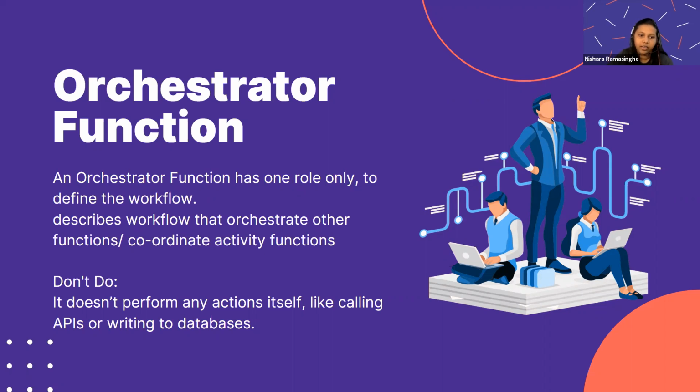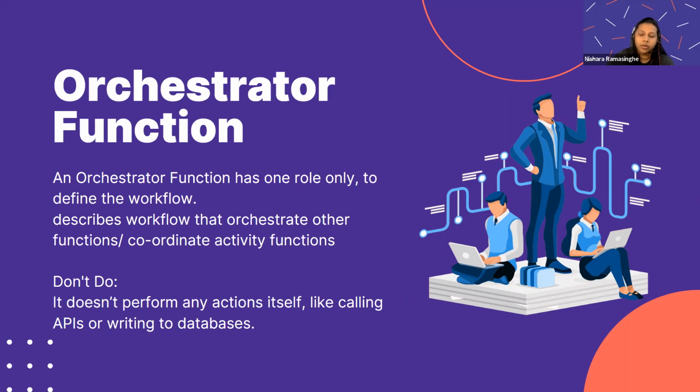Within this orchestrator function, we can coordinate other activity functions. But inside the orchestrator, normally we don't perform any actions itself, like calling APIs or writing to databases. We don't normally do those processes inside the orchestrator.